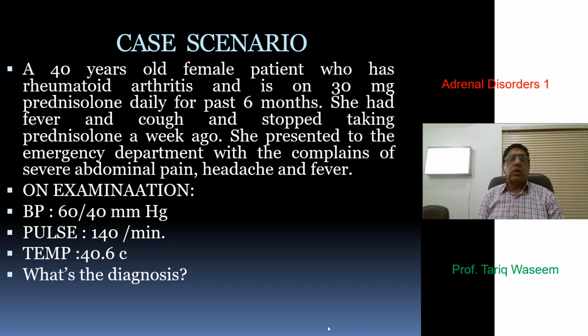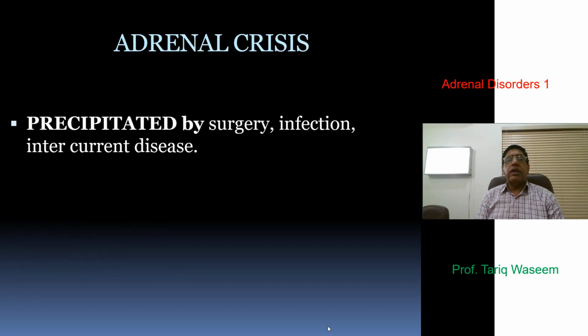So this acute cortisol deficit state would push the patient into a crisis, and this is called adrenal crisis. Usually it can be precipitated by surgery, infection, or any current illness, and it's particularly more common in patients who are on steroids for a long time, who have iatrogenic suppression of their pituitary adrenal axis, or whose ACTH is suppressed because of the exogenous hormones.